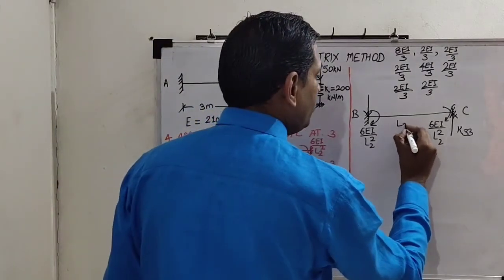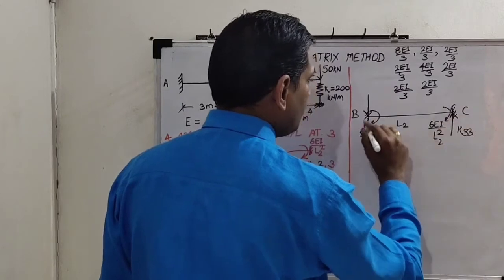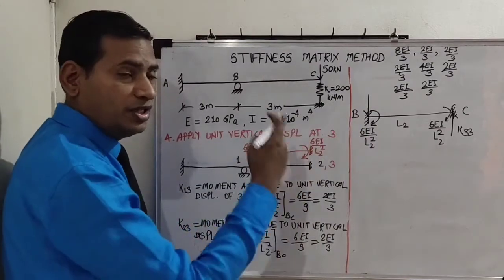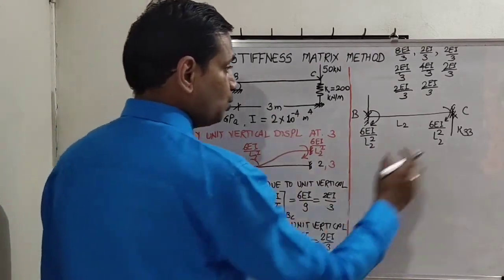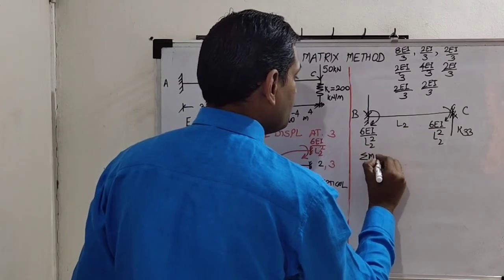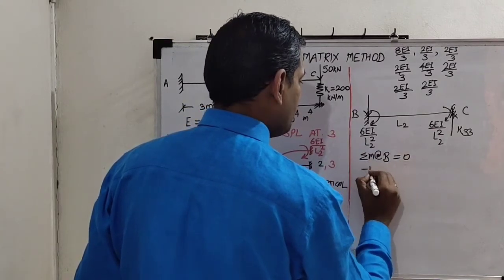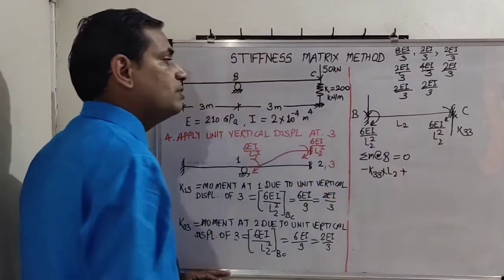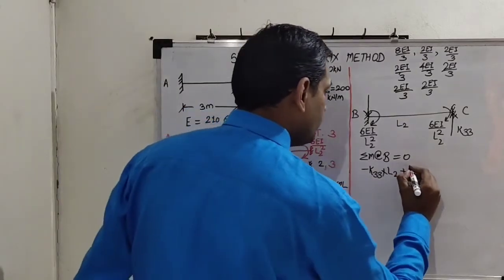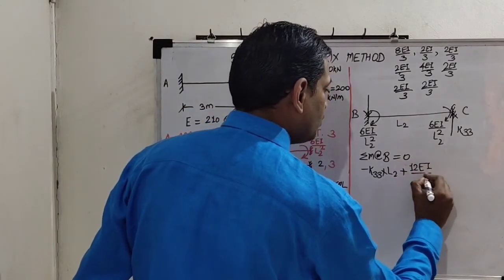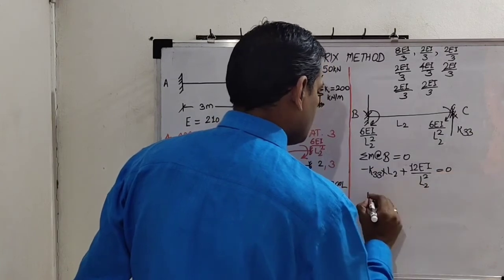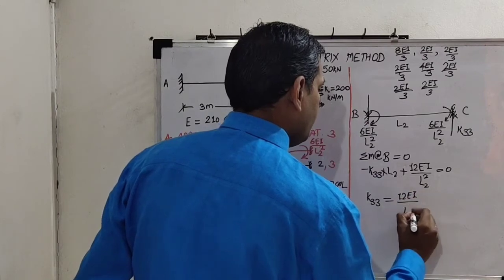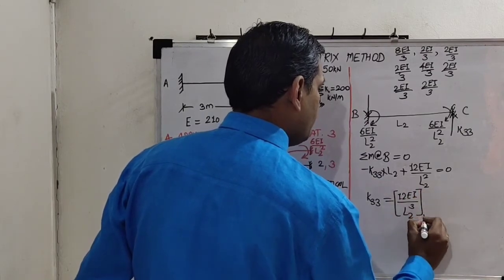So this is L2 span. These two moments are 6EI upon L2 square each because of upward sinking. So K33, summation of moment about joint B equals zero. So minus K33 into L2 plus 2 times 6EI upon L2 square, so it will be 12EI upon L2 square, is equal to 0. So what is K33? 12EI upon L2 cube.